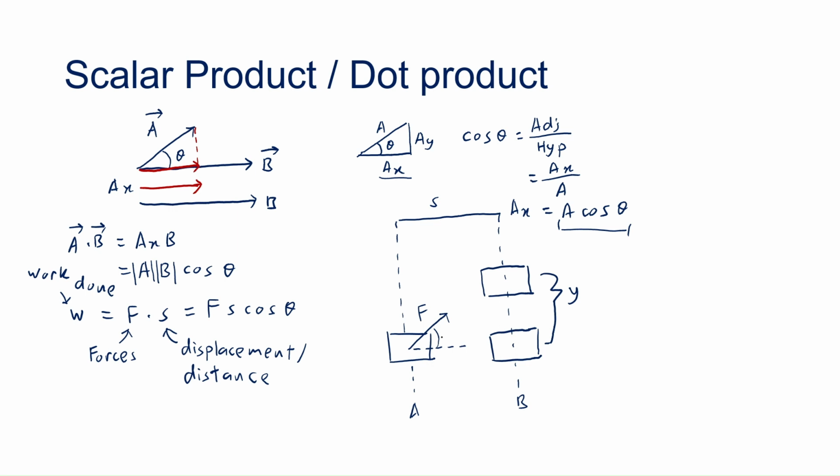Now, we can see here the actual contribution for this object to move from this line A to line B is just the horizontal component, right? This y is not necessary, right? We can see this. We directly apply the force toward this line B. Without the y component, they will still reach the B. So we agree on this.